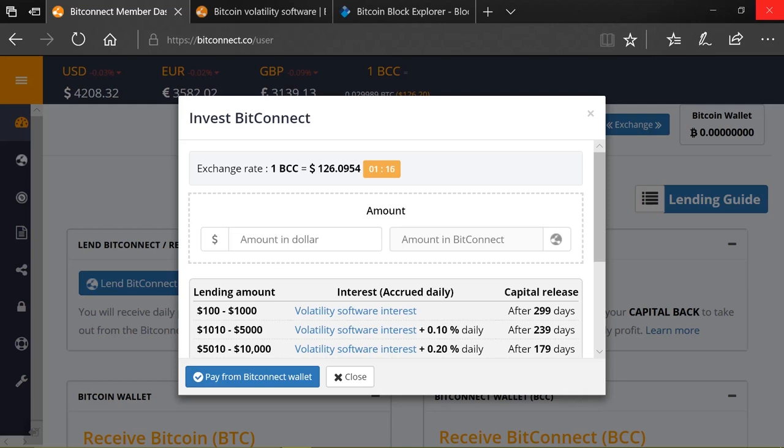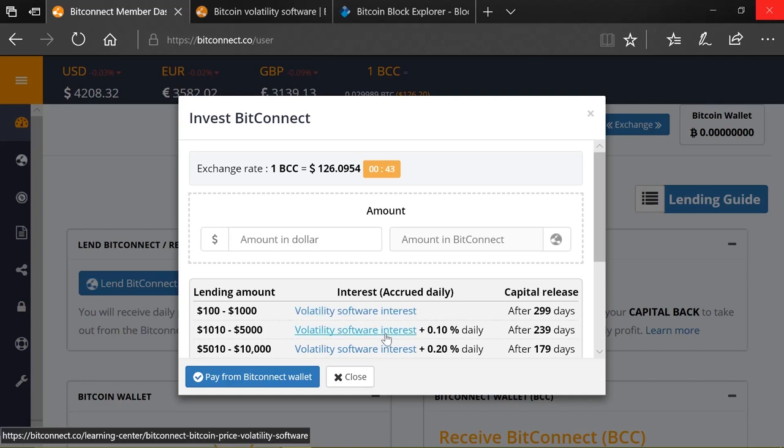When you put your principal in, you cannot withdraw that principal for 299 days, but you do get the interest on that based on the volatility software robot that does the trading for you. You get the interest daily, and you can either take that out or you can reinvest it. Now if you do reinvest, you get your aggregated monthly or weekly or daily interest over time, which is compounded.